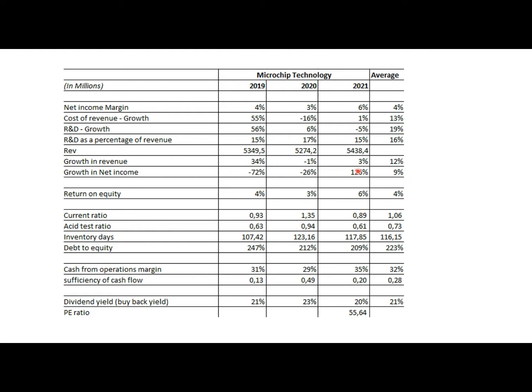So COVID clearly has wrecked this company. It has wrecked Microchip. Competition as well hasn't been kind to it, but the low liquidity and the high debt levels, combined with very low margins, mediocre growth and a very low ROE, all of that paints a very unattractive company.